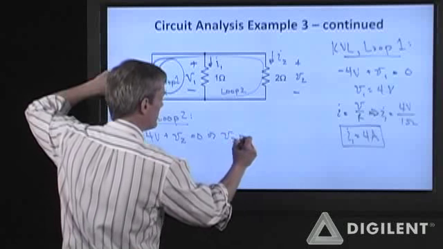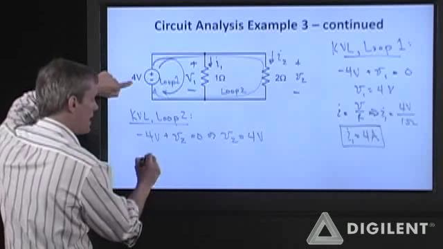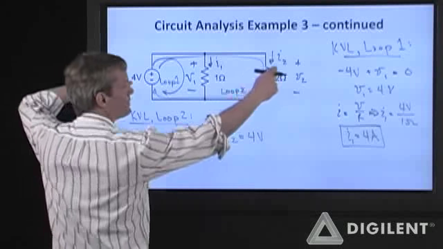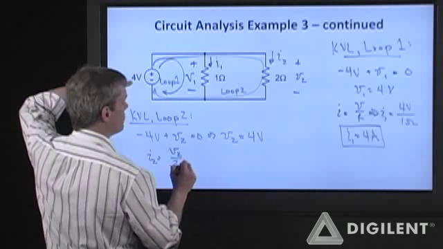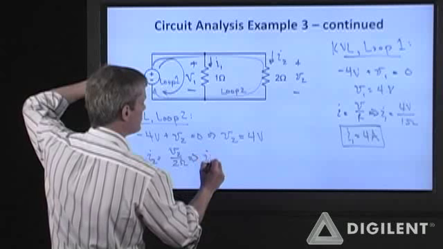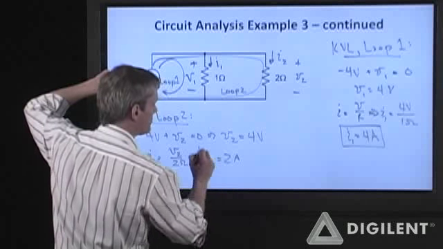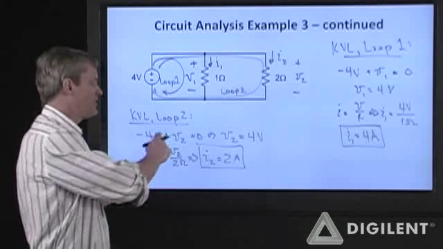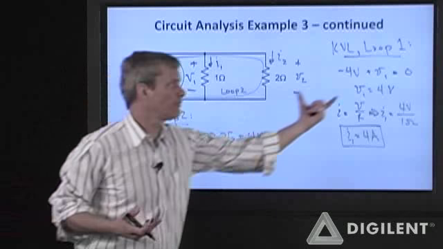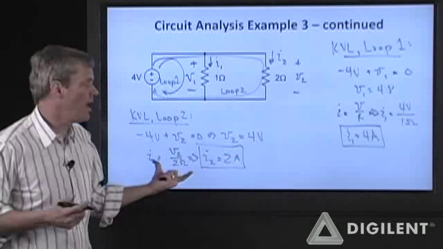So V2 is also 4 volts. I2 is this voltage over this resistance. So that's V2 over 2 ohms. So I2 is 2 amps. So we've got A and B done. We really just had to write 1 KVL for each one of these and then invoke Ohm's law.